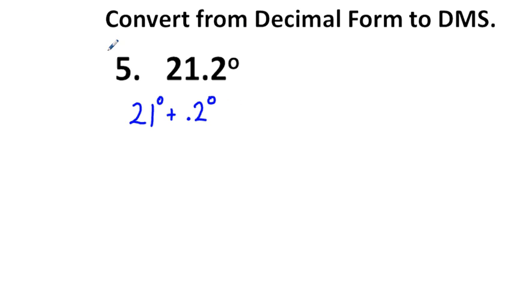I'm going to write this DEG for degrees. And we want to convert these degrees to minutes. So we have 1 degree is equal to 60 minutes.